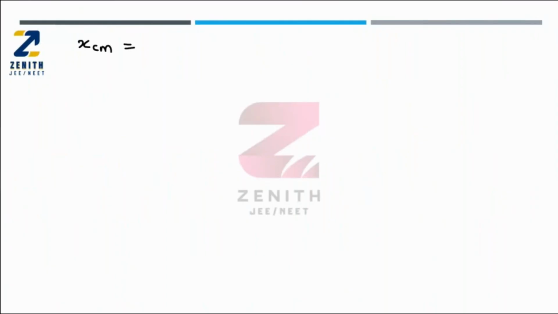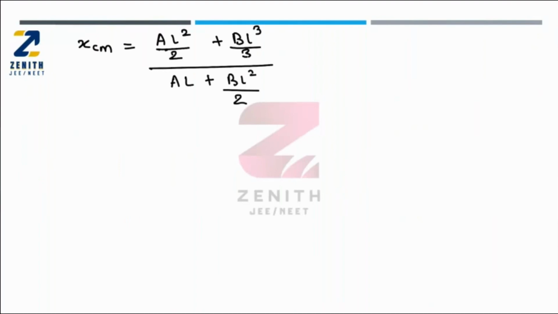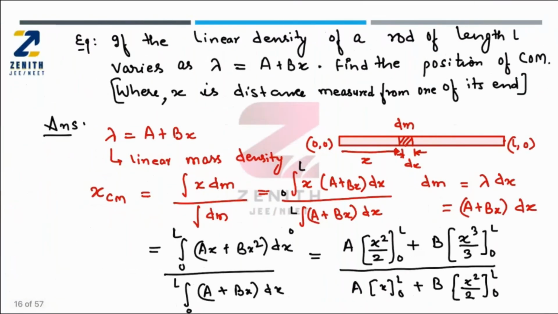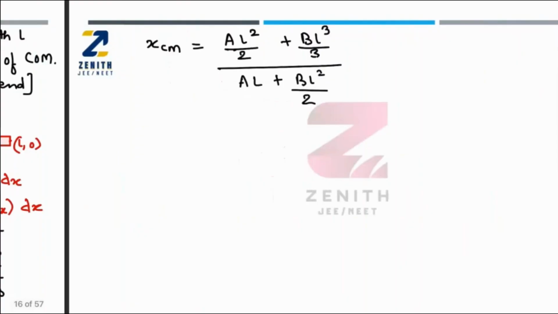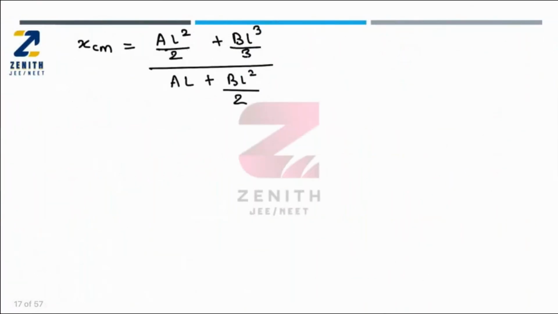So x cm, if I want to write it down, is aL square by 2 plus bL cube by 3, divided by aL plus bL square by 2. What I have done is just put in the values of the upper and lower limits. Now you have to simplify this.